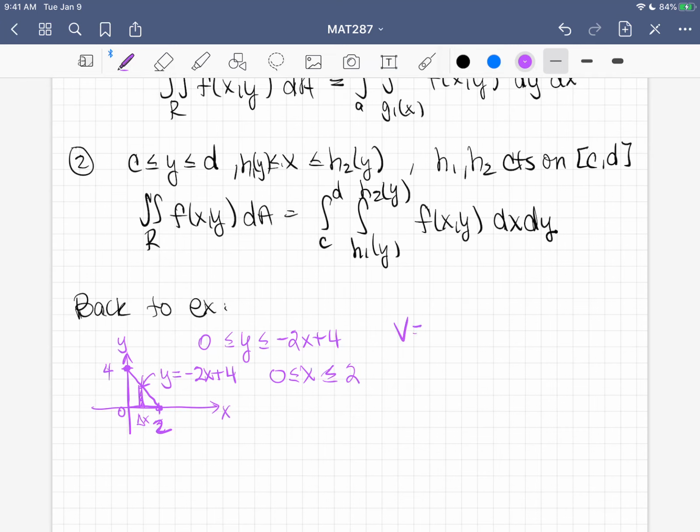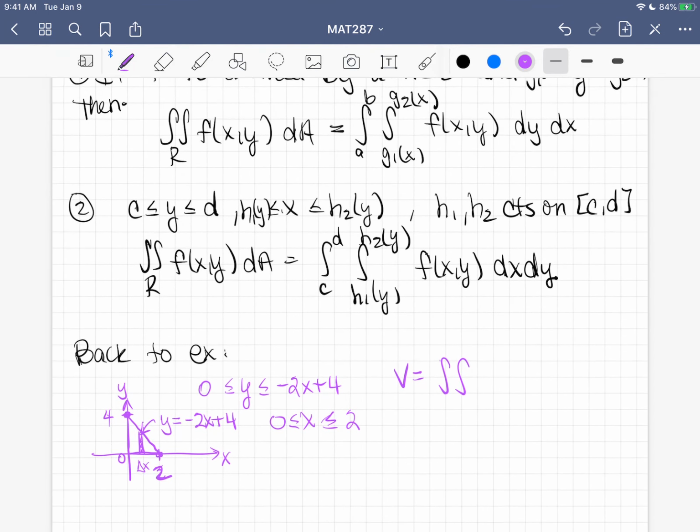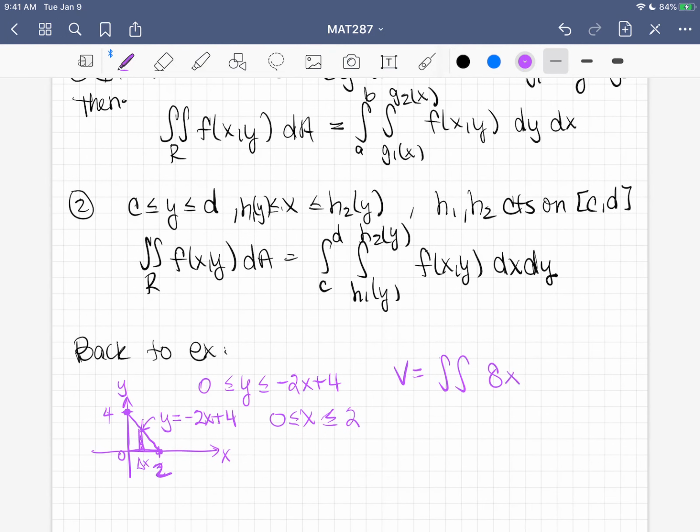Okay, so Fubini's theorem tells us that the volume of the region in the first octant, bounded by the planes and the plane 8 minus 4x minus 2y, is the double integral of 8 minus 4x minus 2y.